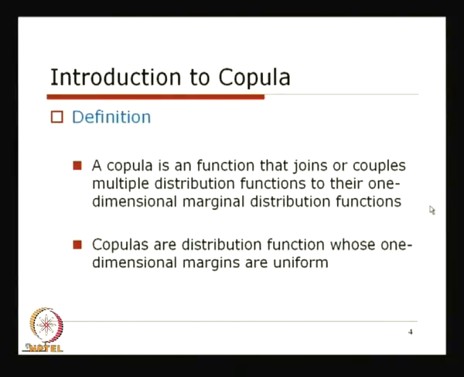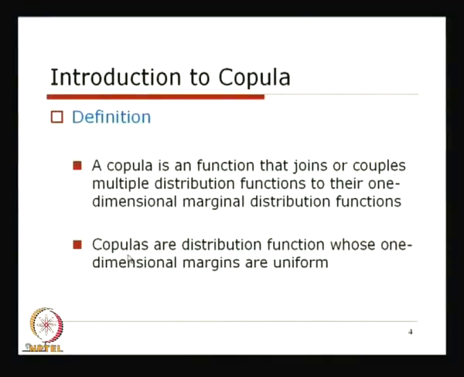So, one dimensional marginal distributions for each of the random variables involved are available. These have to be joined, coupled together to obtain their joint distribution, and this is done through a function, and that function is nothing but what we are calling a copula.